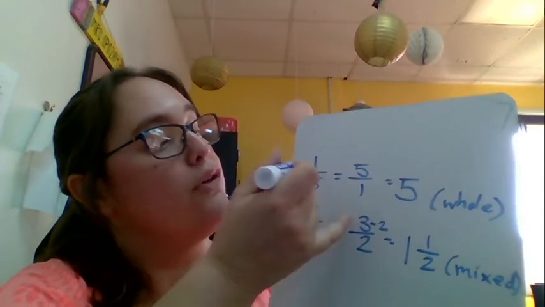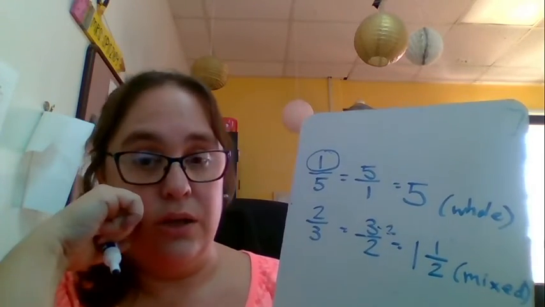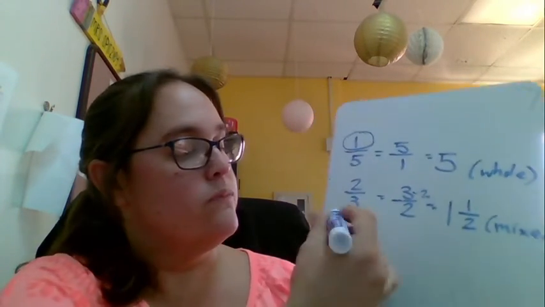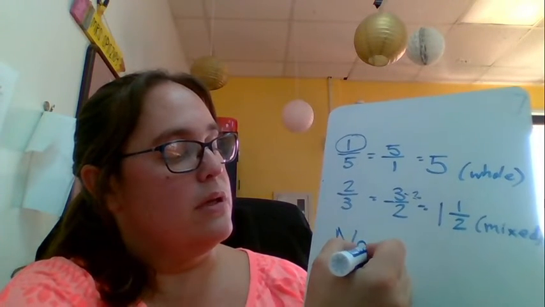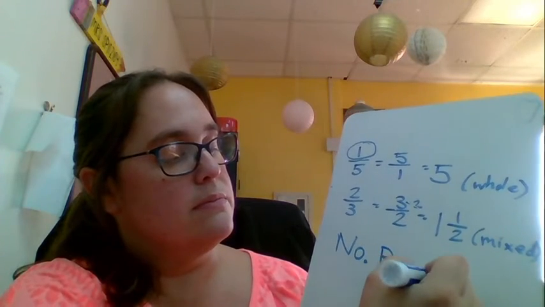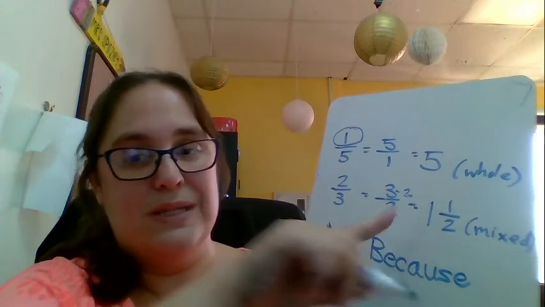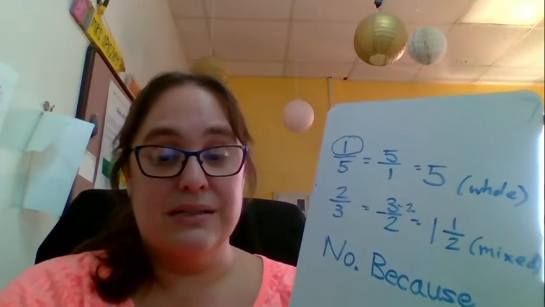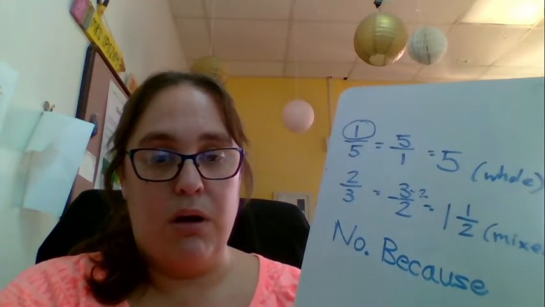It's only ever a whole number if 1 is in the numerator. So your answer is no. And then you could write because, and then you could use this example right up here to help you with your answer for that. Okay, pause and record.